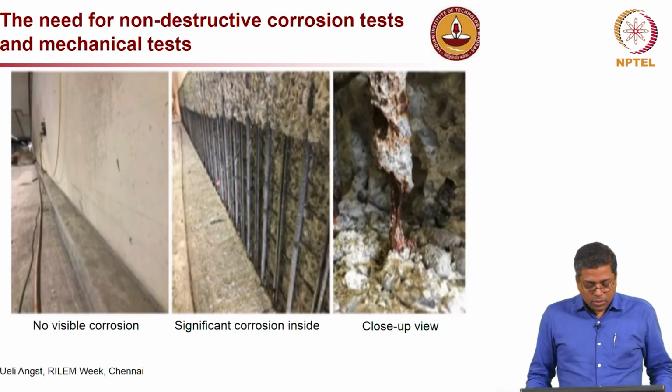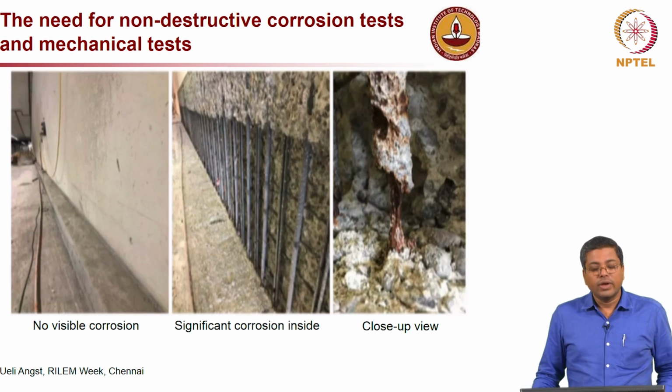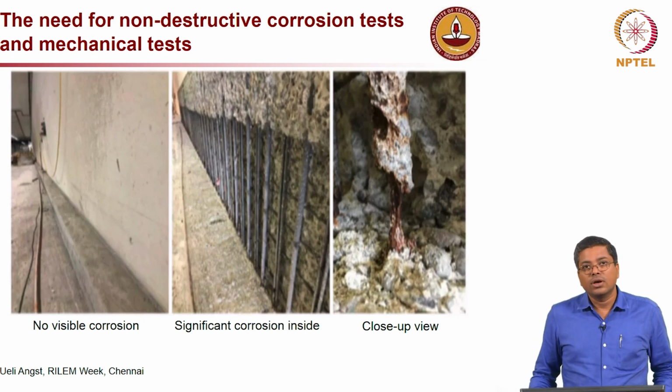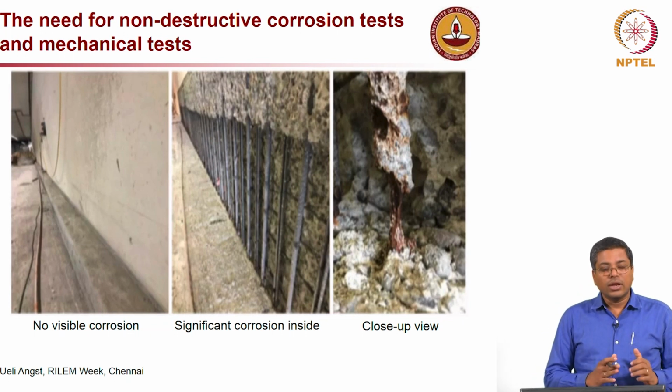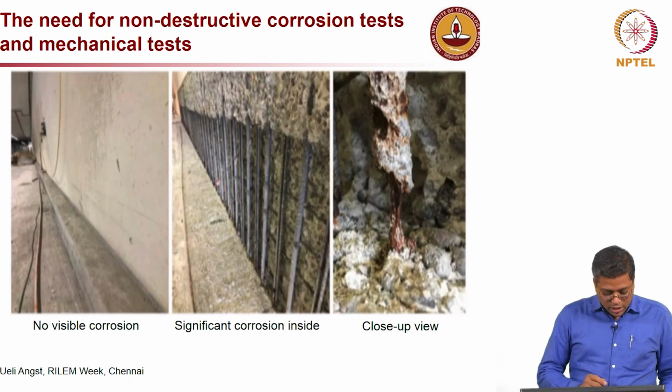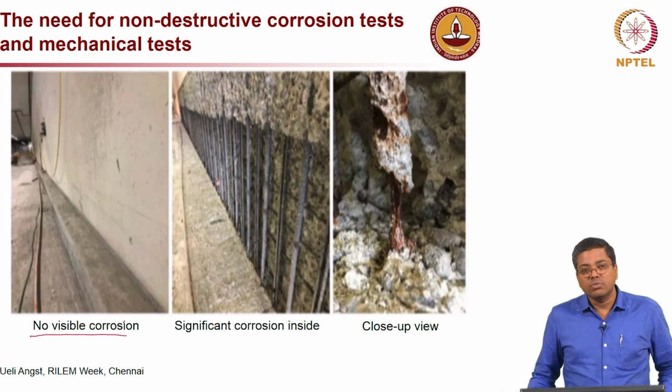Now, before getting into the various tests, we will look at what is the need for non-destructive corrosion test and mechanical test. In this picture, the first picture on the left shows a concrete wall with no visible corrosion or stains of corrosion.